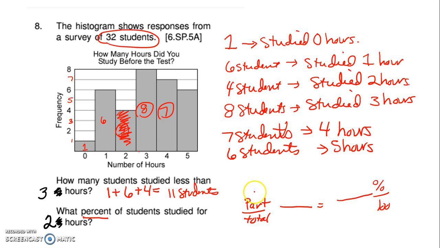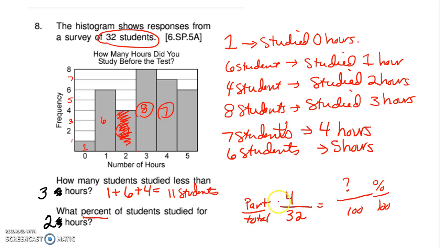Part out of total. What percent of students studied for 2 hours? That means how many studied for 2 hours out of the total students surveyed? Well, 4 students studied for 2 hours out of a total of 32 students surveyed. And they want to know what percent is that out of 100.